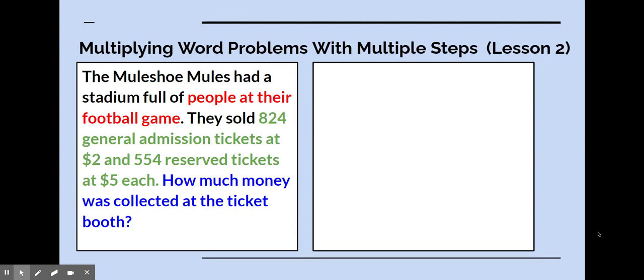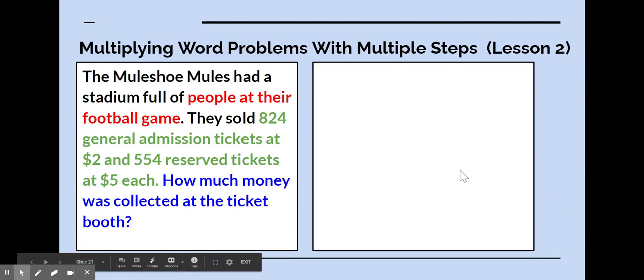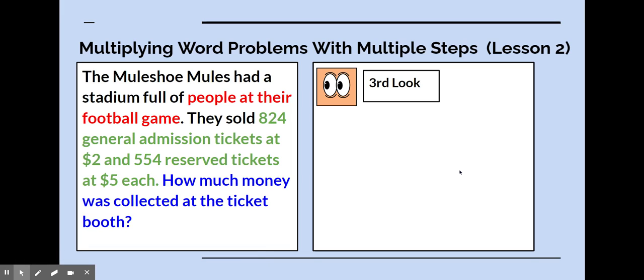Moving into our third look is where we will solve our problem. The Muleshoe Mules had a stadium full of people at their football game. They sold 824 general admission tickets at $2 and 554 reserve tickets at $5 each. How much money was collected at the ticket booth?